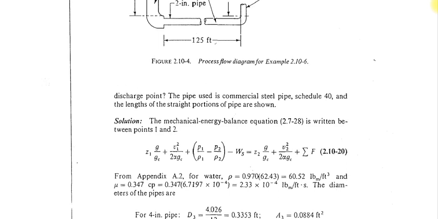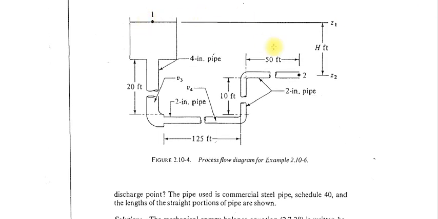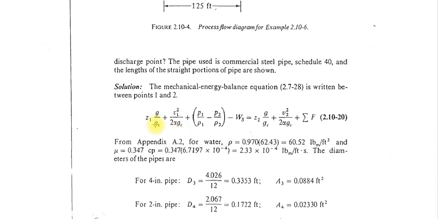Point 1 and point 2, this point and this point, both are open to the atmosphere, so we can assume the pressure is the same, 1 atmosphere at both points. So P1 minus P2 will be 0. So in this equation, this term will be 0, this term will be 0.